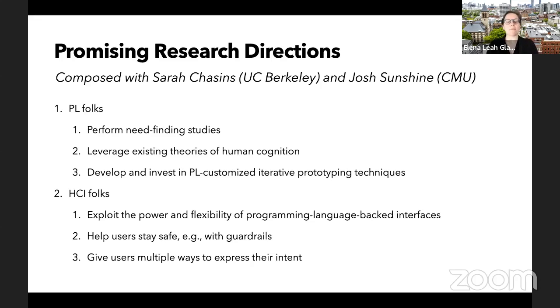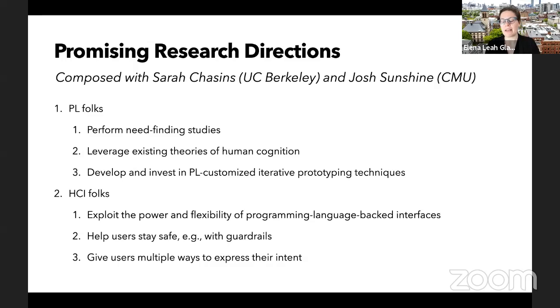And finally, we should give users multiple ways to express their intent. I hope that the case study that we talked about is a great example of how, when providing people with multiple ways of expressing their intent, yes, there's more to think about in terms of which way, there's a little bit more cognitive load in choosing how to express one's intent, but at least in the study that we ran, some things are just easier to say by annotating an existing example, or some things are easier to say by saying, no, never use this particular primitive in your search for programs.